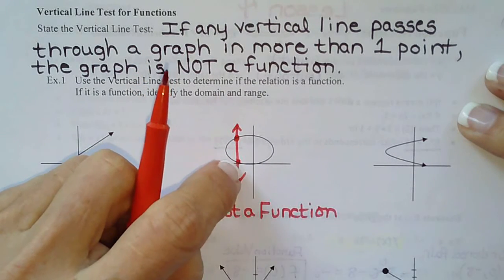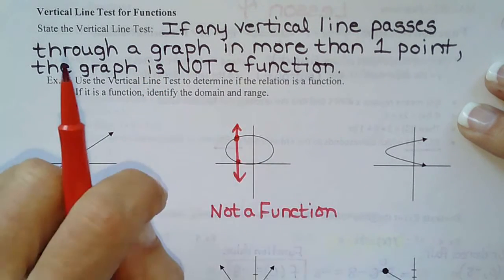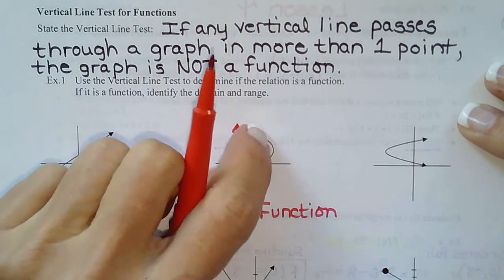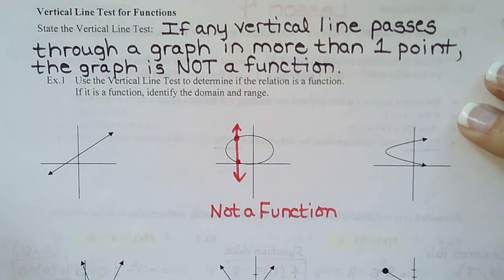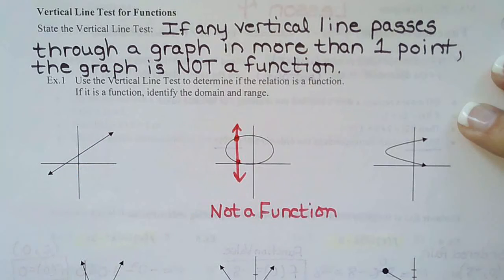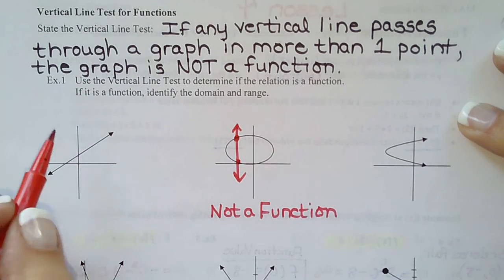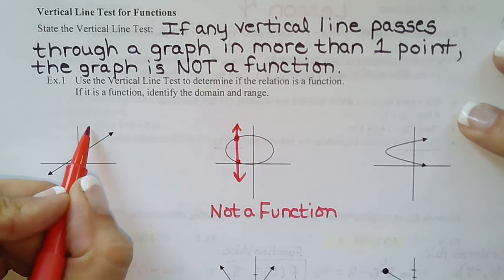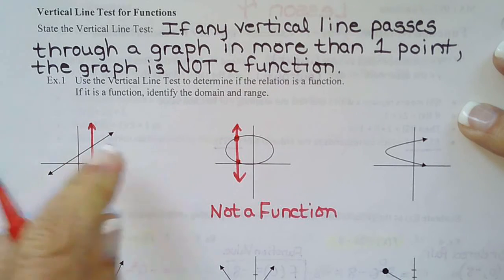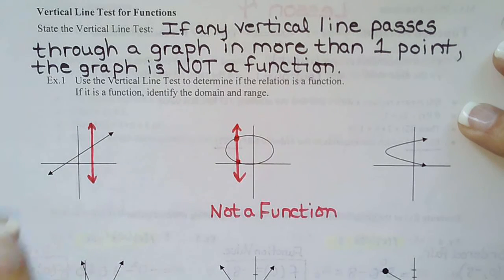That means this x value is assigned 2 different y's, and this x value is assigned 2 different y's, and this x value is assigned 2 different y's. So it follows the same definition. No x can have more than one y value assigned to it. And the vertical line test shows us that. So let's go back to this line. If I pass a vertical line through this graph, does it intersect it in more than one point?